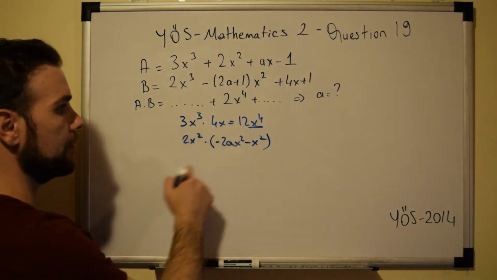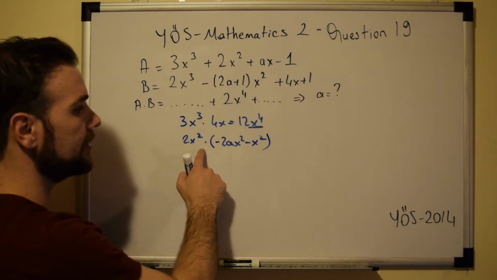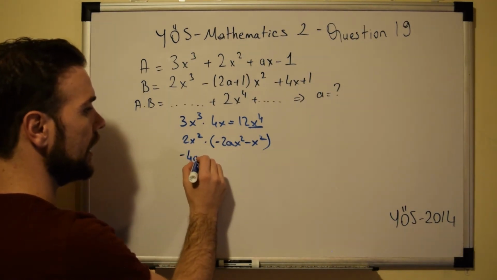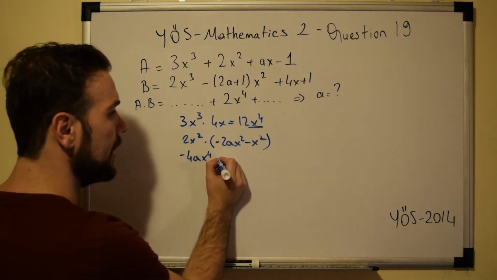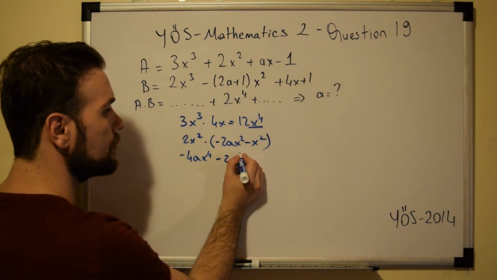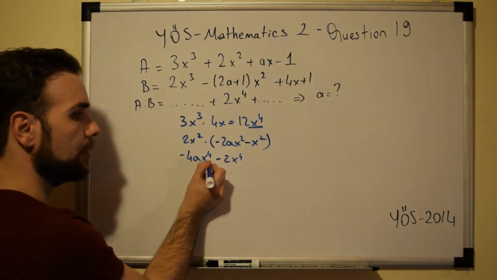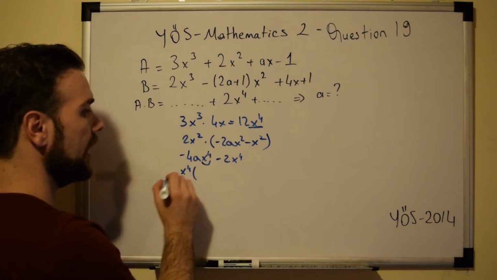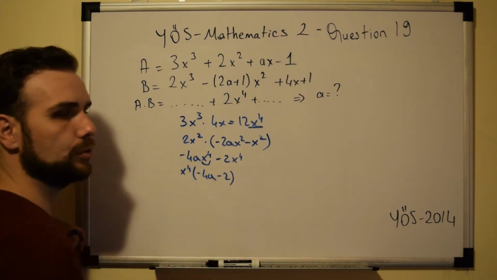So what is another way of writing this? We have 2x squared times minus 2ax squared, which is minus 4ax to the power of 4, and we have minus 2x to the power of 4. What do we do here? We take x to the power of 4 as the common factor. So we have x to the power of 4 times (minus 4a minus 2).